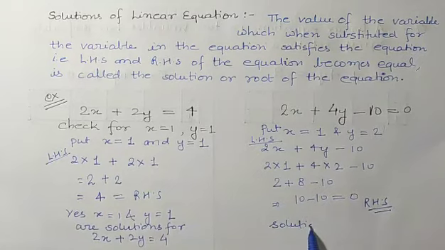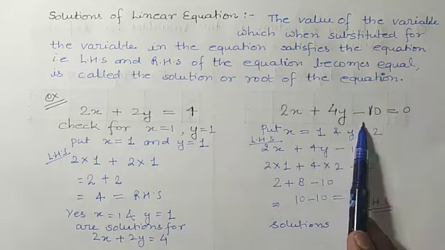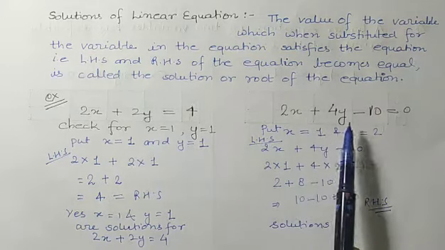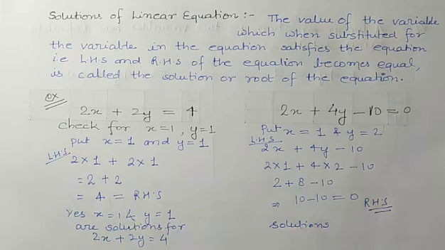Solutions. Those values will be known as solutions for that linear equation. So here also x is equal to 1, y is equal to 2 are solutions for this linear equation, that is 2x plus 4y minus 10 is equal to 0.